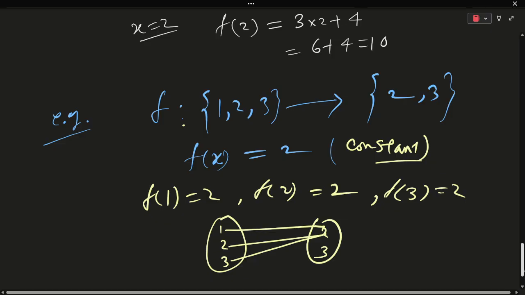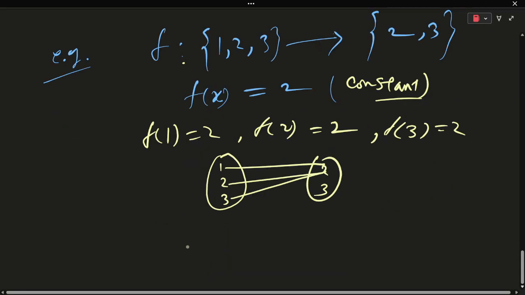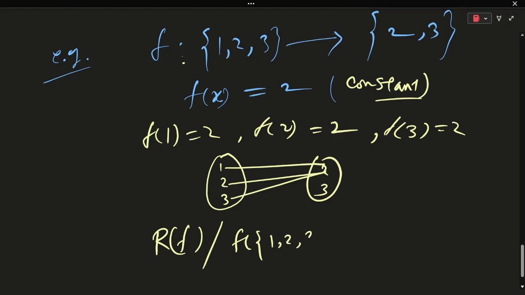And basically the range of f, written as f of {1, 2, 3}, is the singleton set {2}.